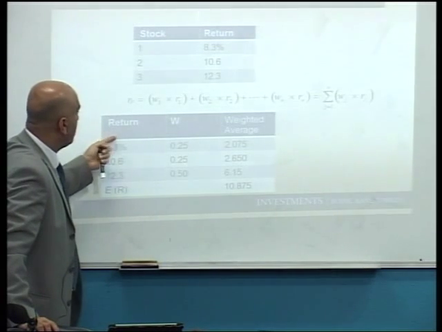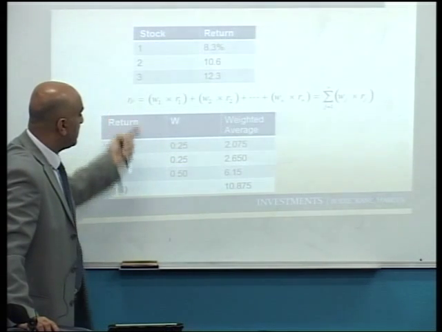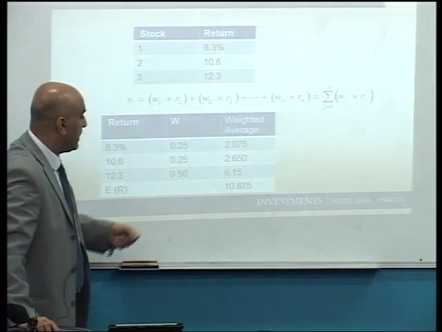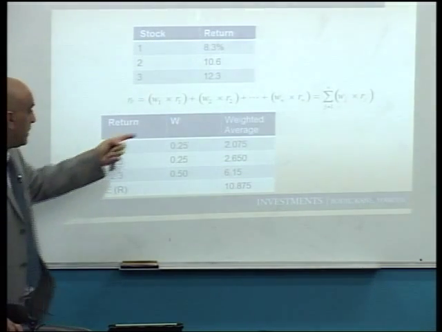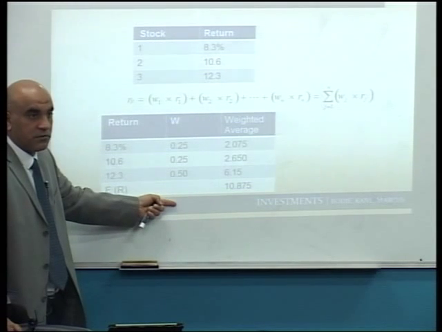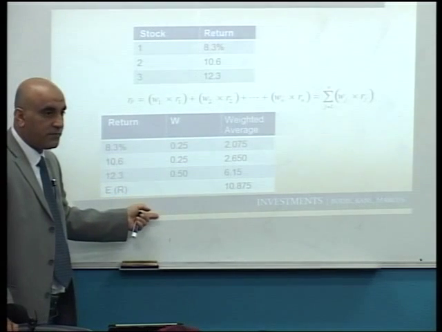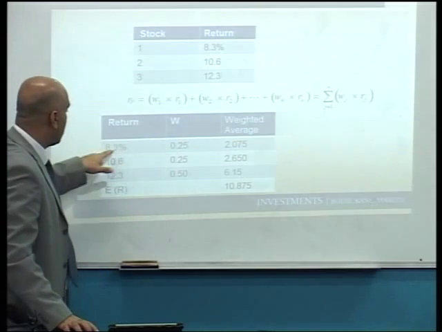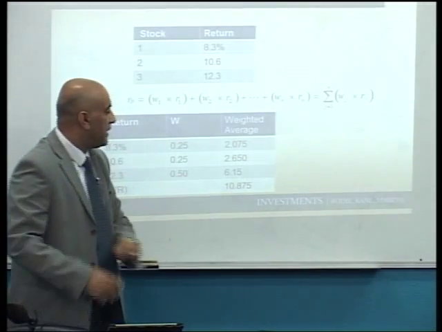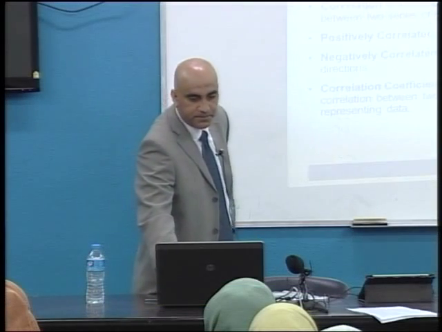And the weight of each one is 25% for the first, 25% for the second, and 50% for the third one. Be careful, the weights must sum to 1. Okay? So now, what is the expected return of the portfolio? It's very simple. Just multiply 25% times 8.3 and so on, and at the end you get 10.87. This is the expected return for the portfolio.